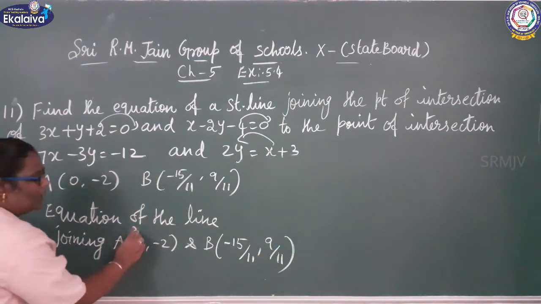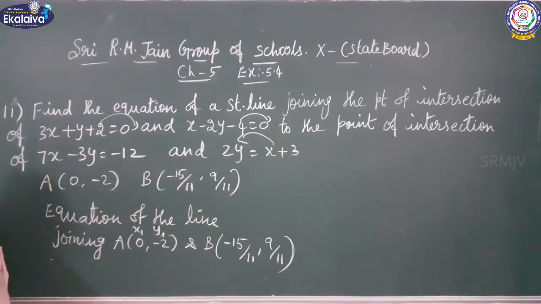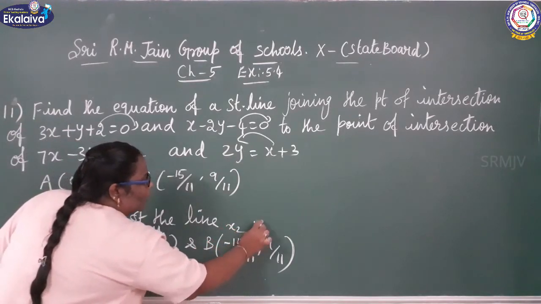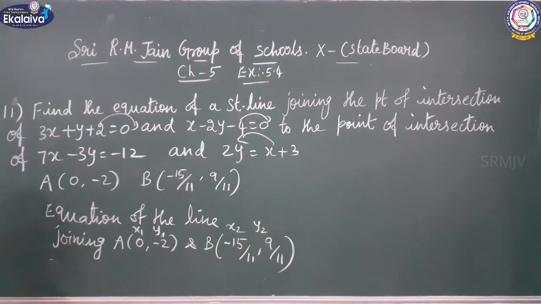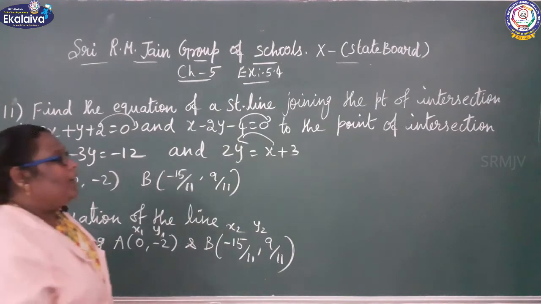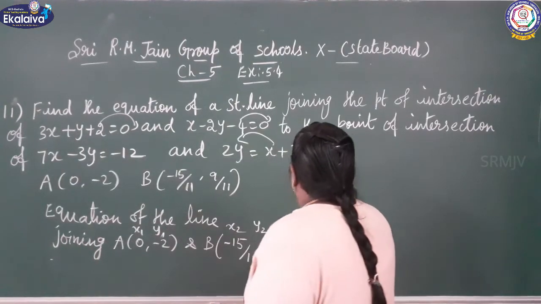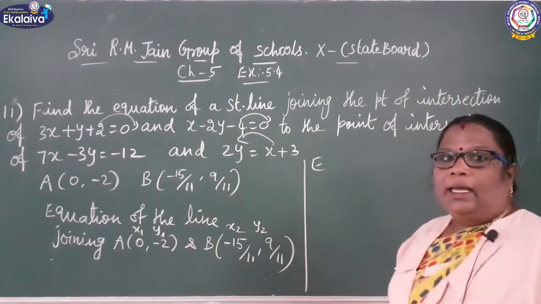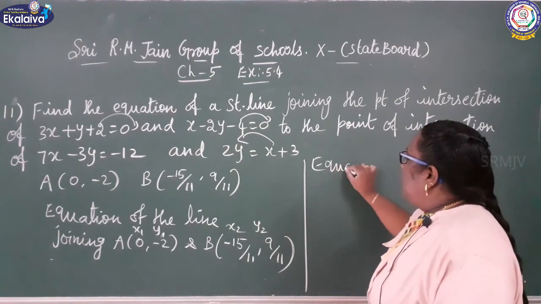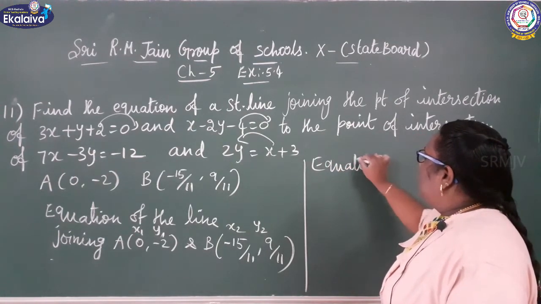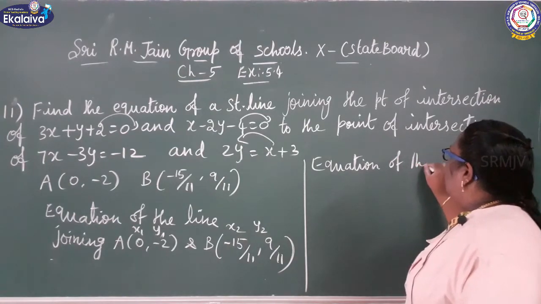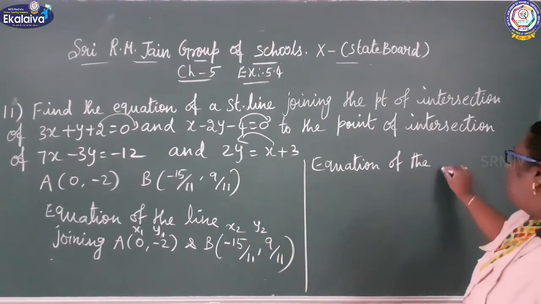This is x1, y1 and x2, y2. So what is the formula? Equation of the line AB.